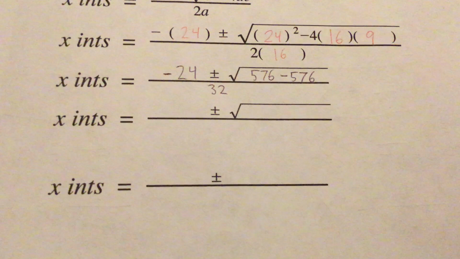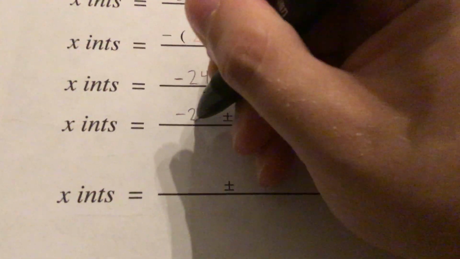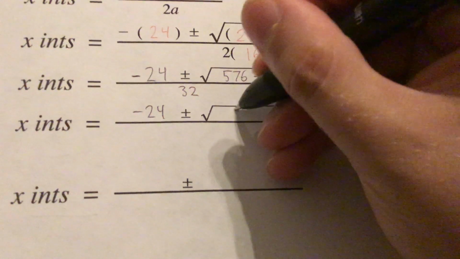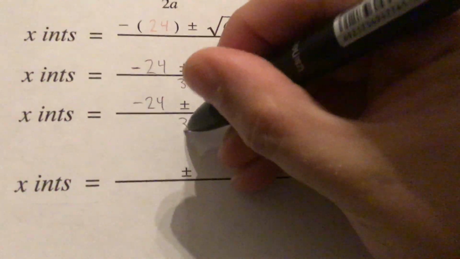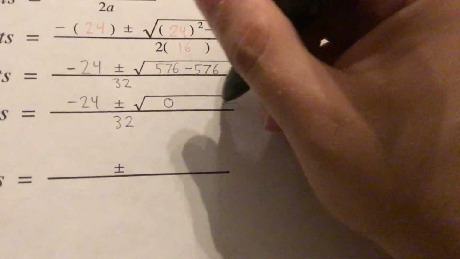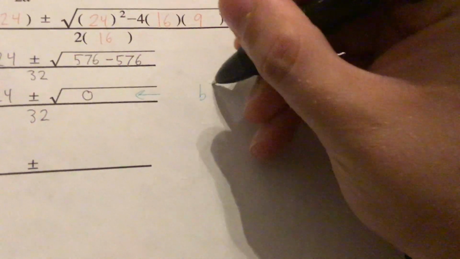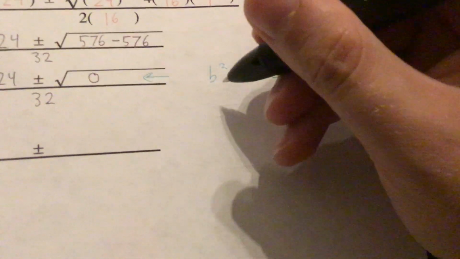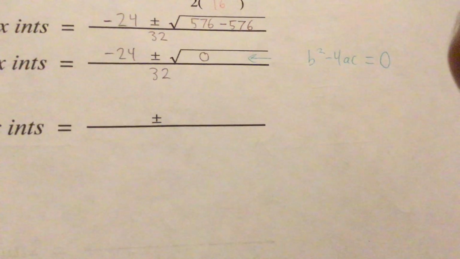Okay. So now we've got negative 24 plus or minus the square root of 0 over 32. And now this is interesting because since b squared minus 4ac is actually equal to 0, well, the square root of 0 is 0. Let me just show it to you right here.